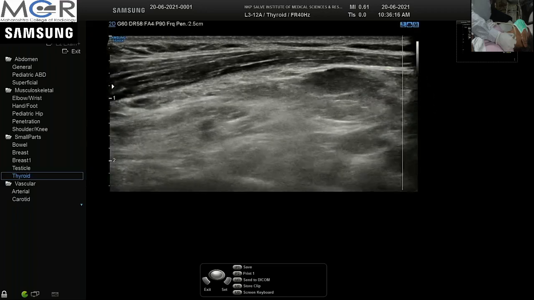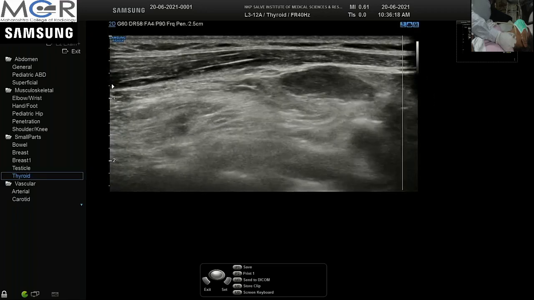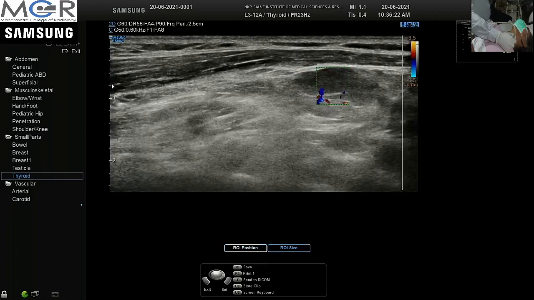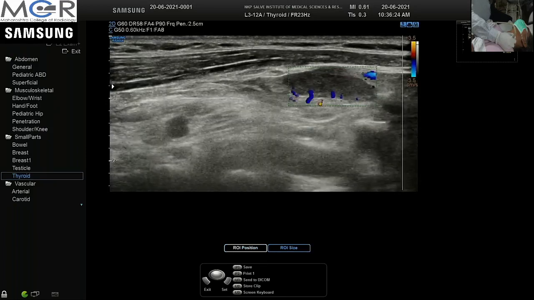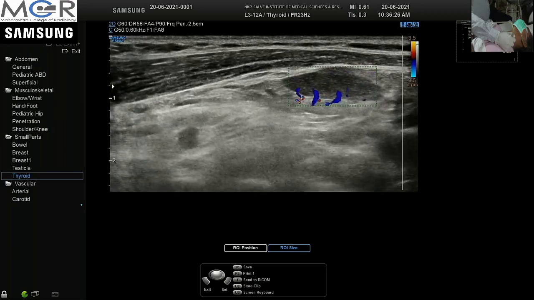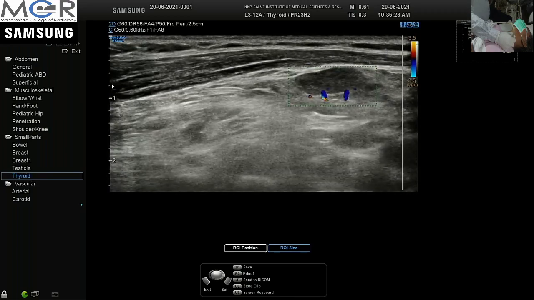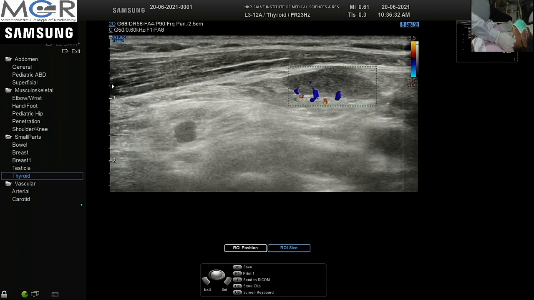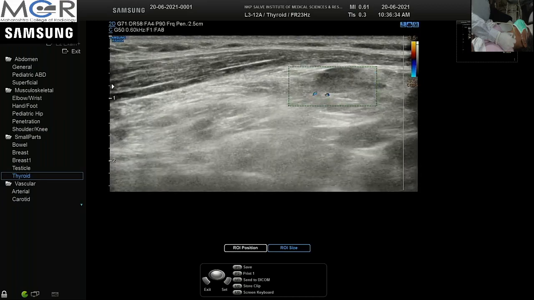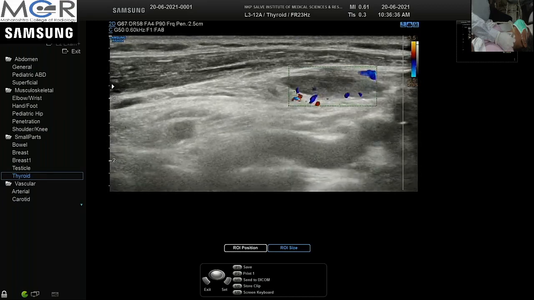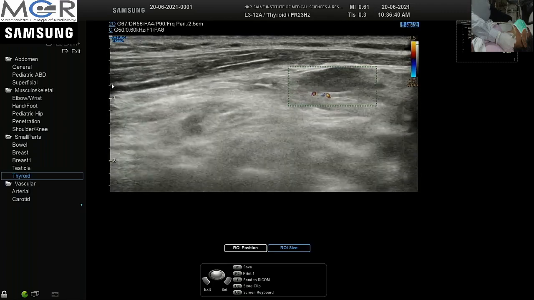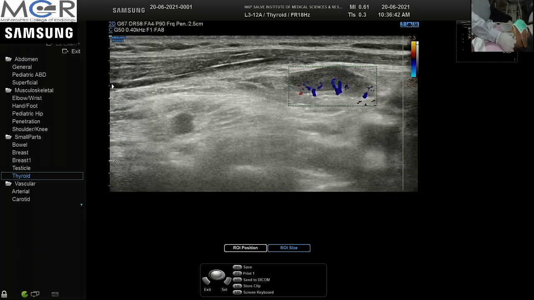So we remove this trapezoid imaging, we put on color here and try to see whether there is a hilar vessel here. A hilar vessel should be single, it should enter from the hilum and it should branch uniformly. We'll try to reduce PRF to get more information.